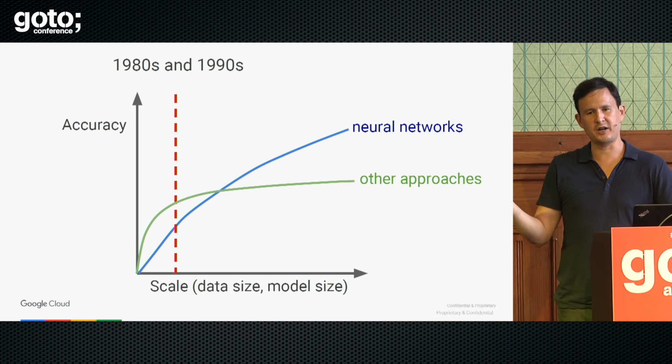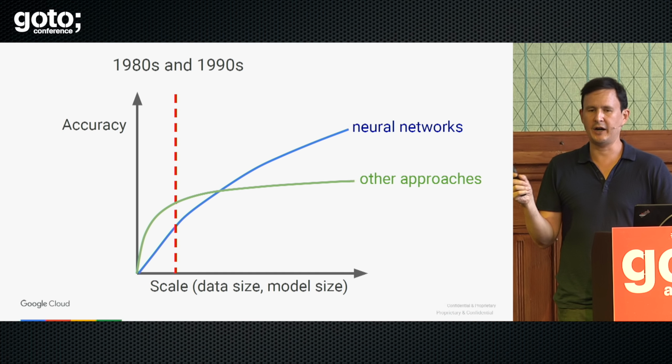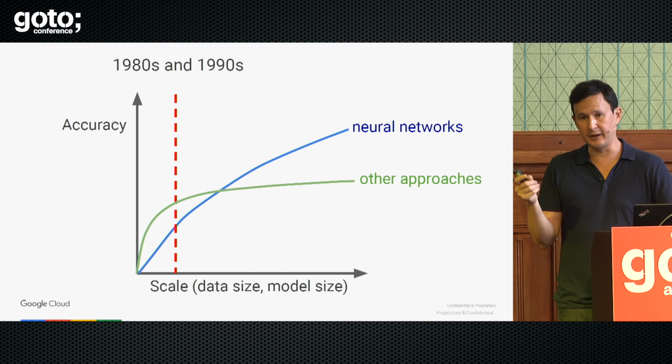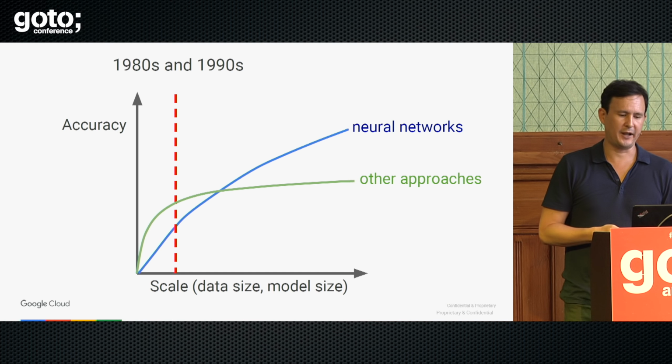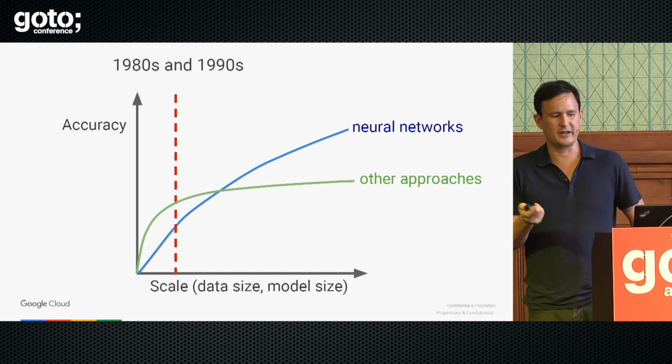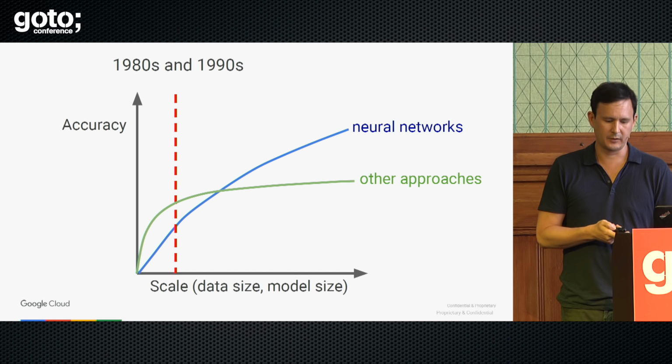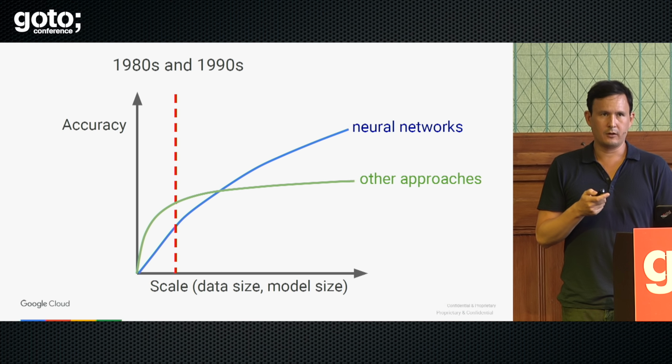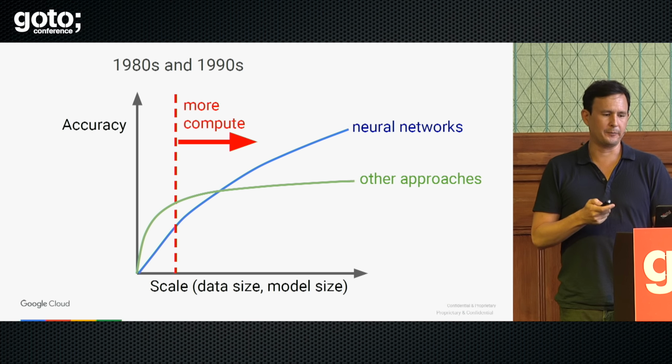And neural networks, which have a lot of parameters, require a lot of data to perform well, because they're trying to do a very high precision modeling of data to make an accurate prediction. So back in the day, we didn't have much data, and these fewer parameter models did better.